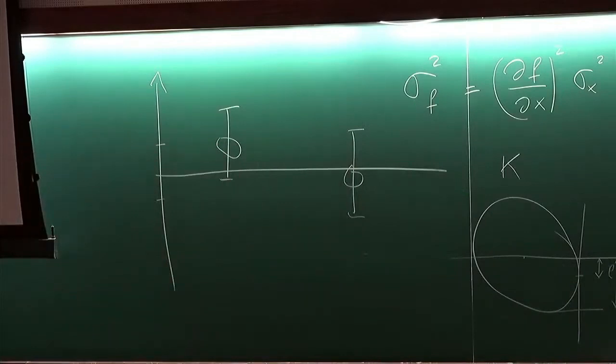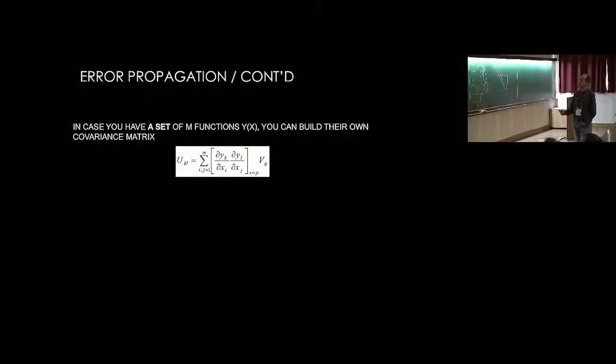And this becomes a little bit more complicated if you have a set of functions, now y is a vector of the random variable x, which can also be a vector, and you can still build the covariance matrix of these functions as this more complicated formula that involves the partial derivatives of each of the y over each of the x, okay?